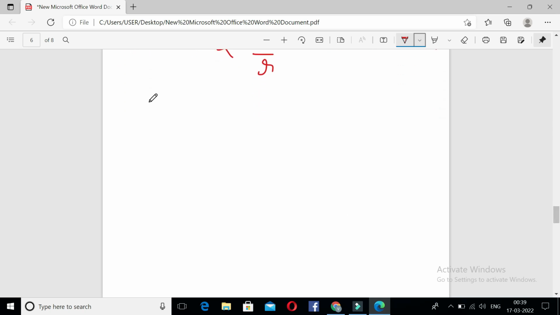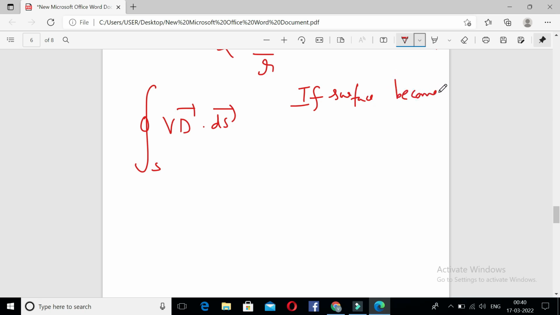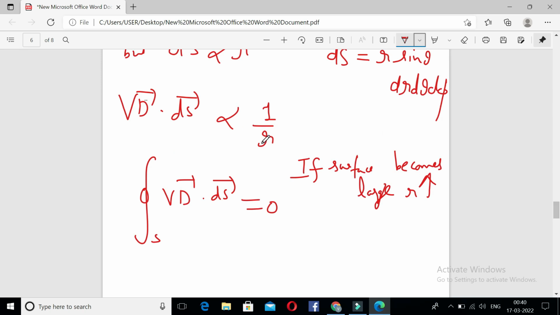Now in the integration of VD dot dS, if the surface is very large, then r increases, and because this value decreases as r increases, if r goes to infinity it becomes 0.